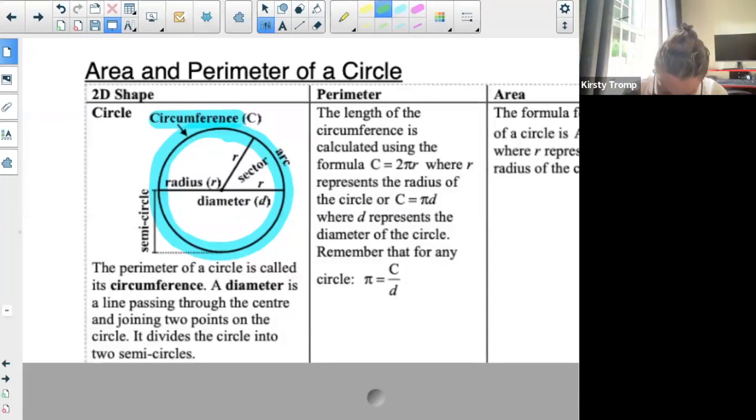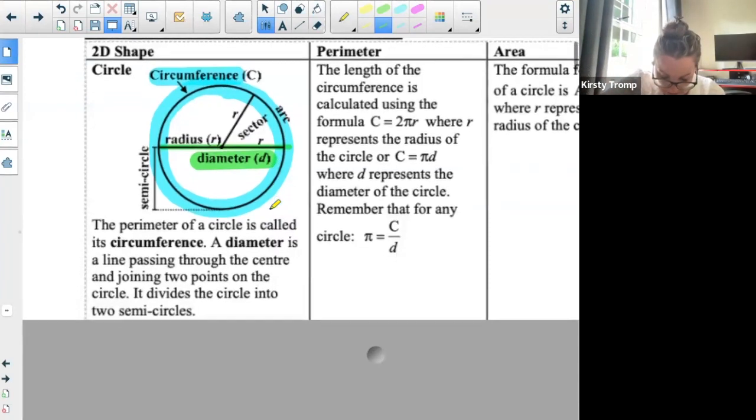So here is diameter, and the diameter is the line that's going from one edge of the circle to the other. But what's most important is we need to say that it goes through the center. That diameter we can also say cuts the circle into 2 halves, also known as semicircles, guys.